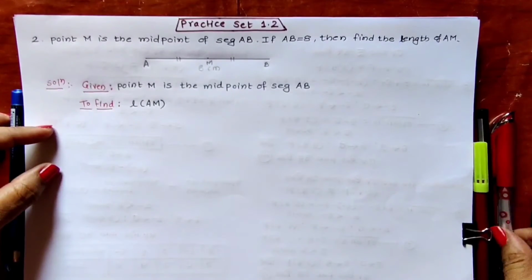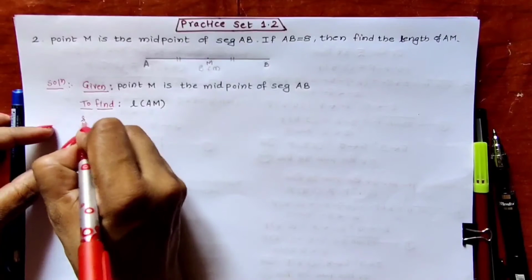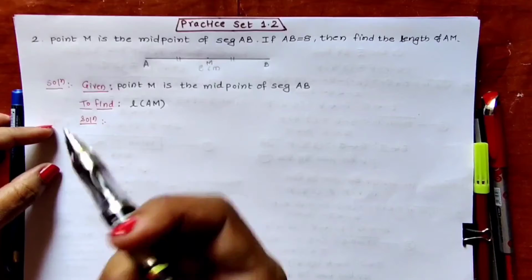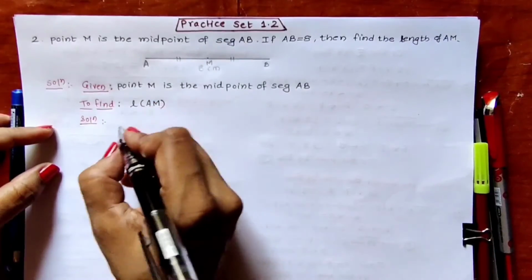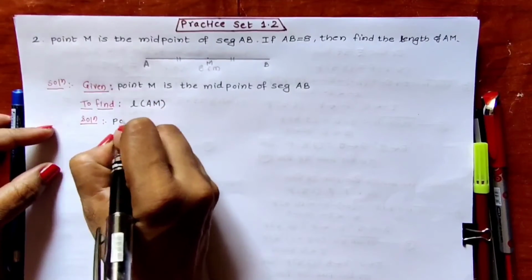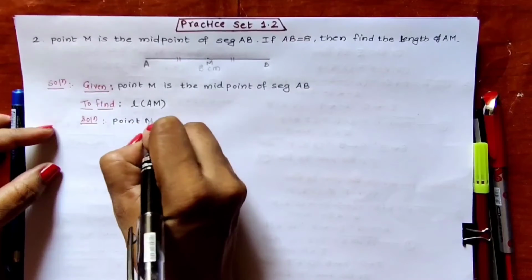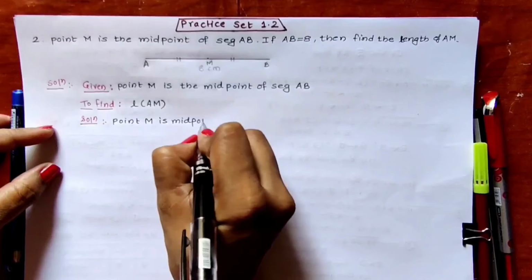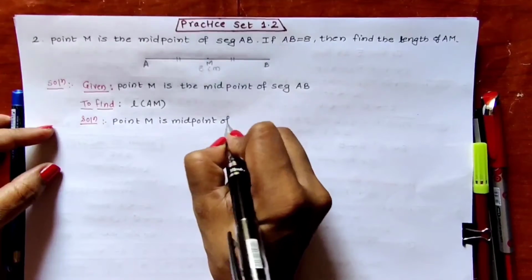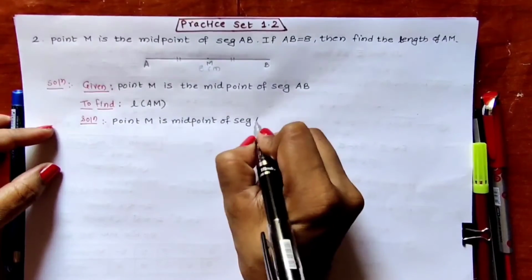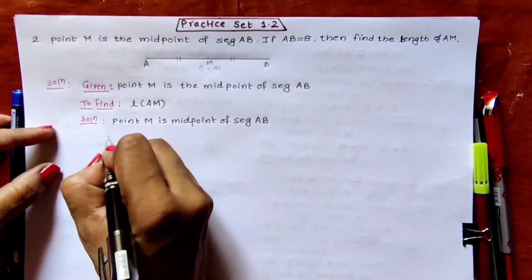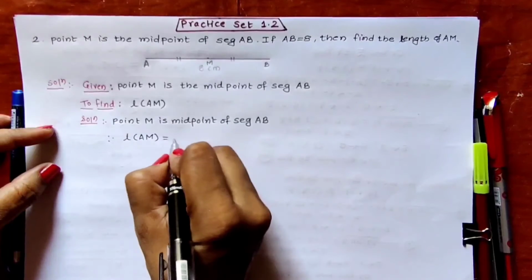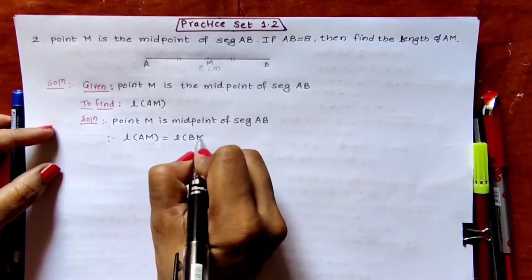Okay, so now let us start solution again. Point M is midpoint of seg AB, and therefore length AM is equal to length BM.